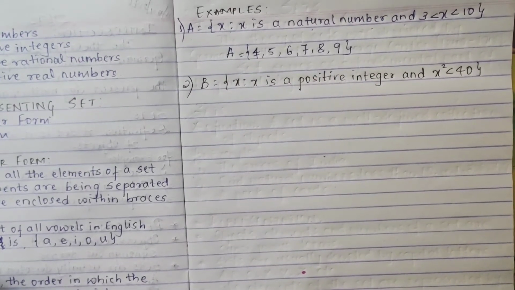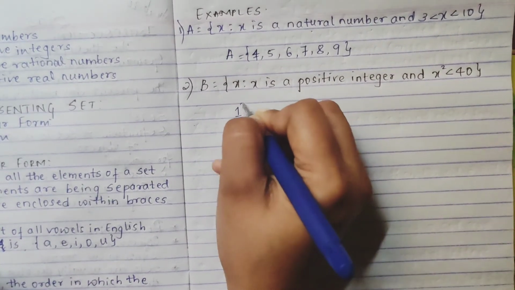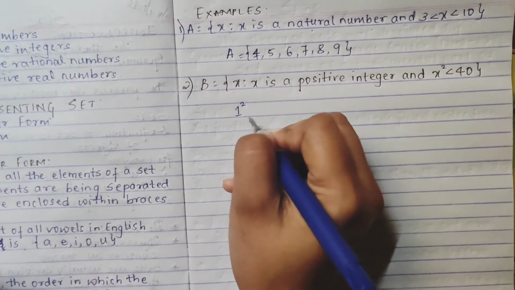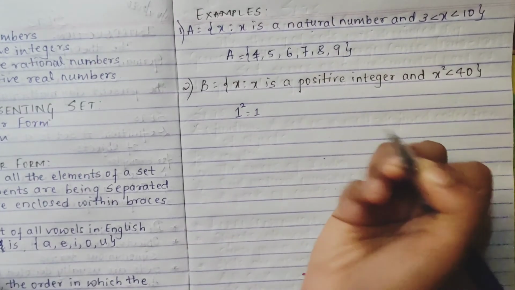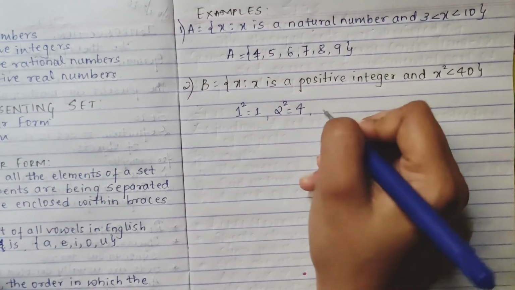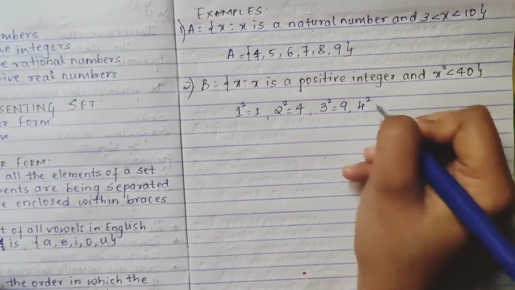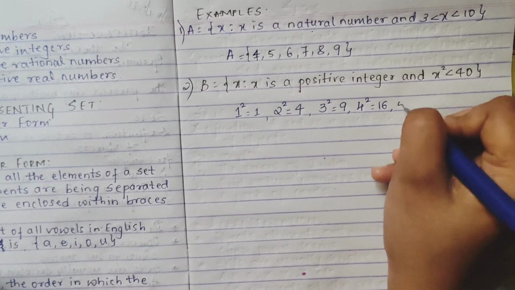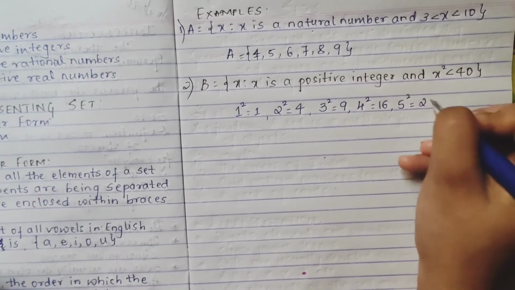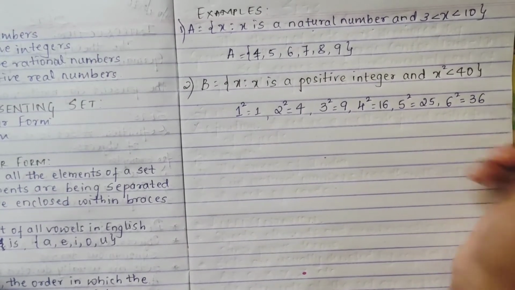Positive integers, we can start with 1 only. 1 square is 1 itself. Then 2 square is 4. 3 square is 9, 4 square is 16, 5 square is 25, 6 square is 36.